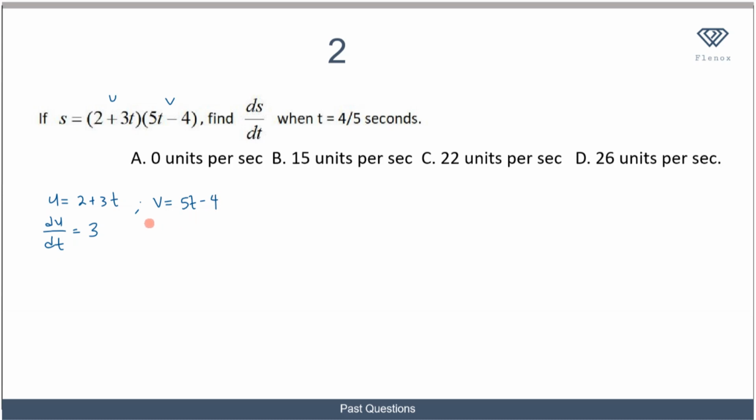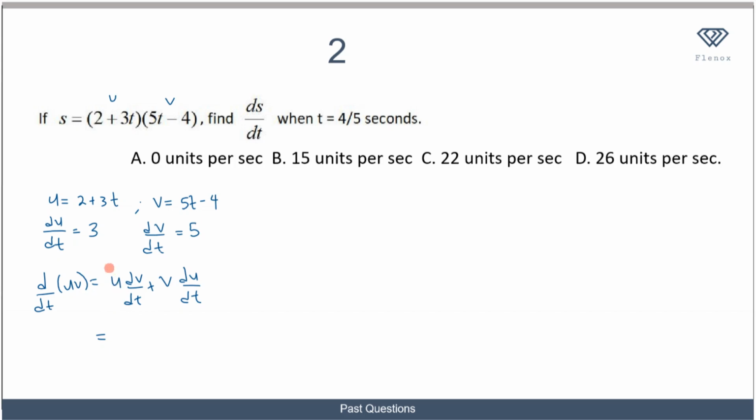So my dv over dt becomes 5t becomes 5 and 4 becomes 0. If you remember our product rule, d over dt of uv is the same thing as u dv over dt plus v du over dt. So I can apply that.